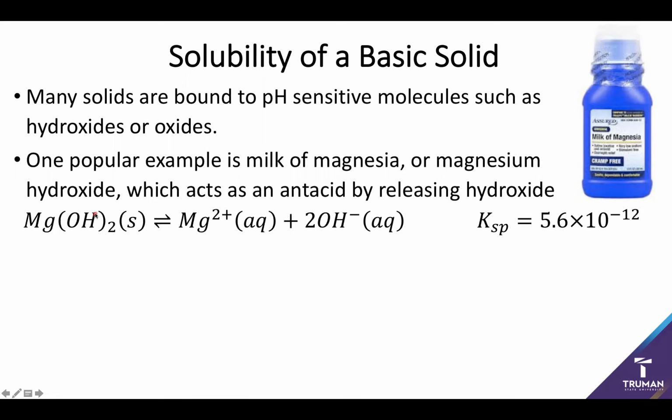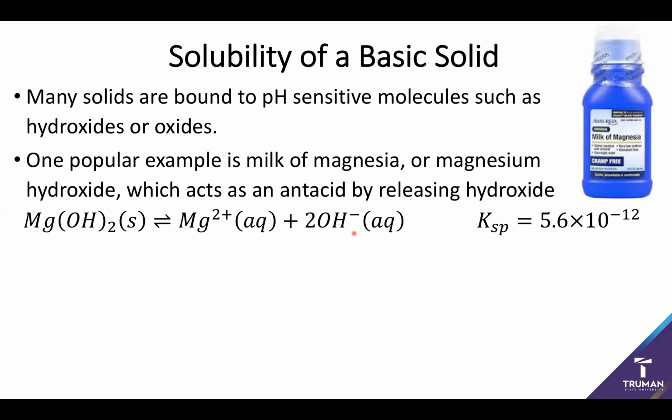So there's always some solid and there's always some dissolved constituent. Well, it turns out that dissolved constituent contains hydroxide. And so what ends up happening here is that as the system releases hydroxide, it will end up essentially increasing the pH of the system, making it more basic, counteracting any excess acid in your stomach.